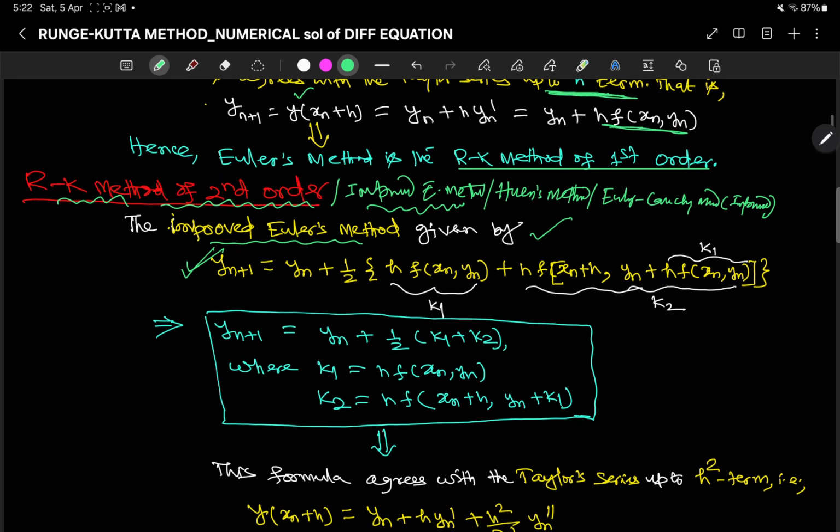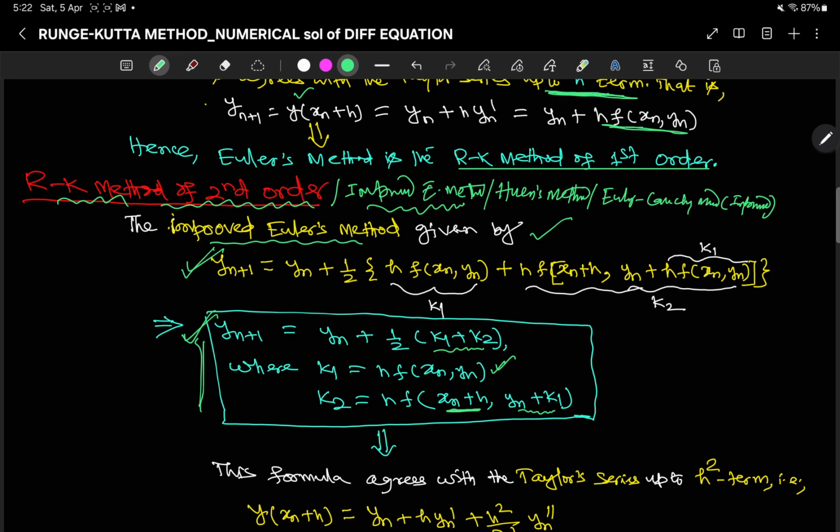And the necessary formula is given by this. y n plus 1 is y n plus k1 plus k2 divided by 2, with k1 is h f x n y n, right? And k2 is just h f x n incremented by h, meaning x n becomes x n plus 1, and y n incremented by y n plus k1, okay, incremented by k1. So this is the necessary formula for the RK method of order 2, right?